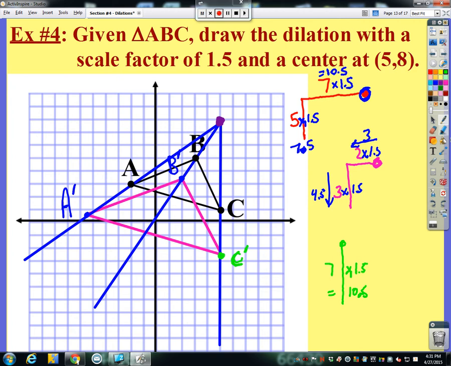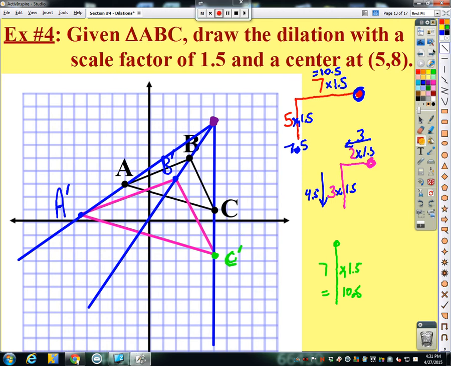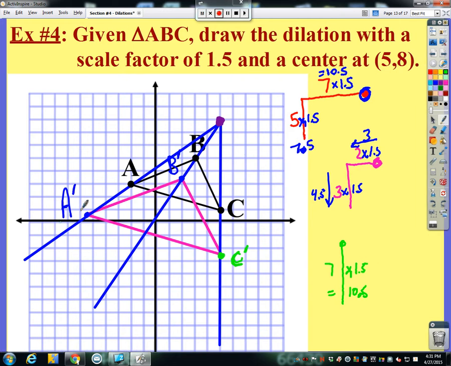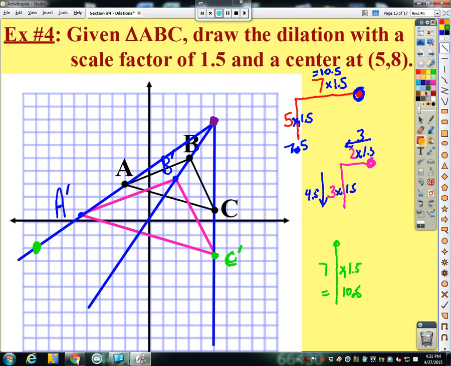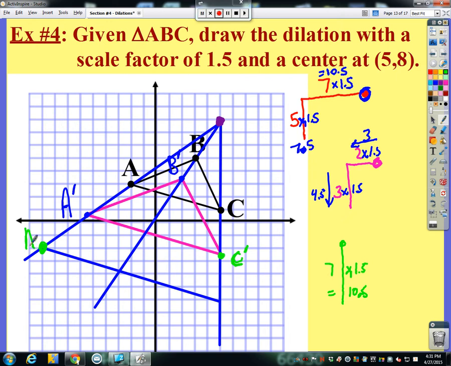So one thing you could do that's kind of cool here: if I pick any point along this line, let's say this point, and I make a parallel line from this point across here, does that look like it's about parallel to A prime, C prime? I think it's pretty good. I could call this point A double prime, and this point C double prime.